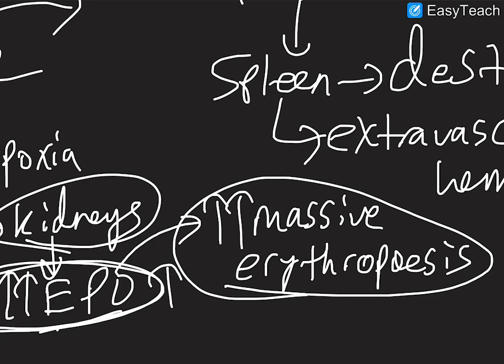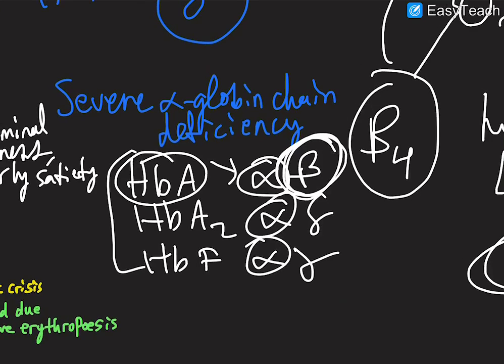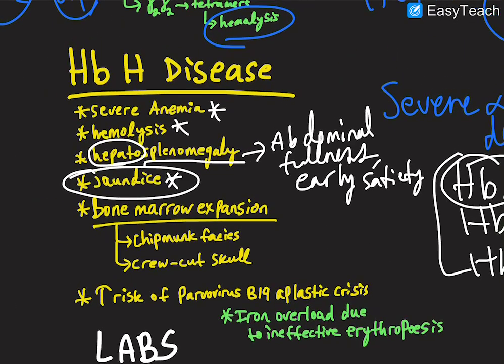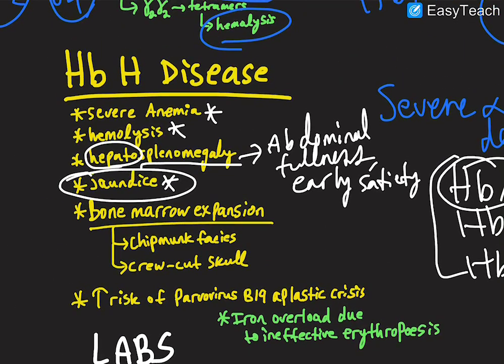So you have ineffective erythropoiesis. That's why you have hepatomegaly, which we talked about. But you have normal bone marrow hyperplasia, and you also have bone marrow expansion, meaning other parts of your body start trying to take over, like the bones of your skull. You get bone marrow expansion, which leads to things like chipmunk facies and crew cut skull on X-ray.